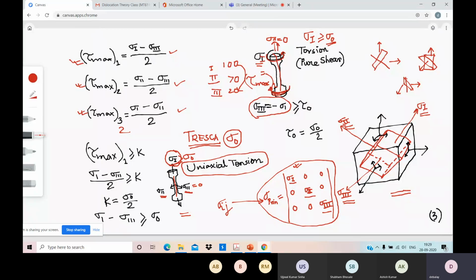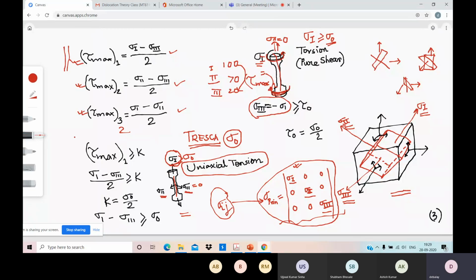Similarly, if you do more rigorous mathematics, you can derive the values for triaxial loading also. So if I give you simply the sigma ij stress tensor, you can derive the principal stress tensor. If you know the principal stress tensor, you can calculate the maximum shear stress that is acting.